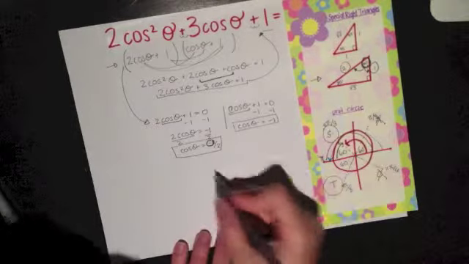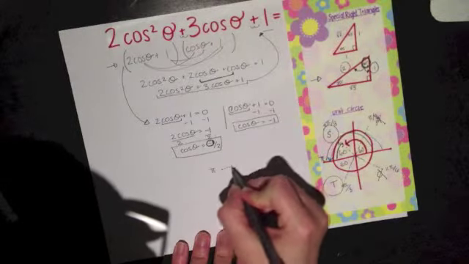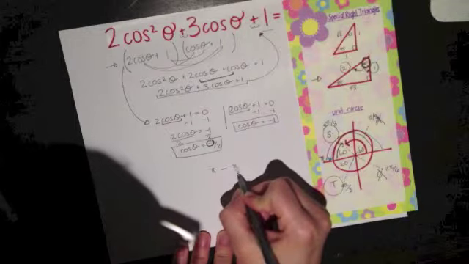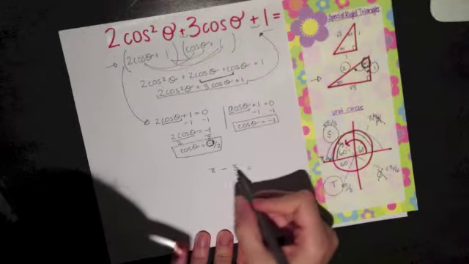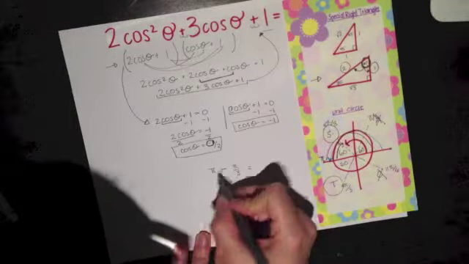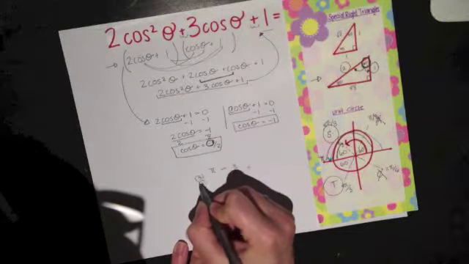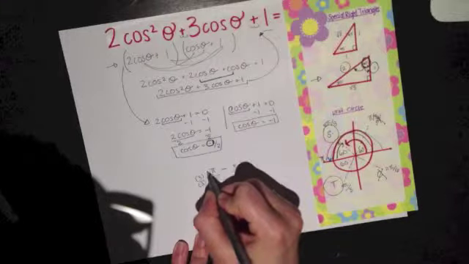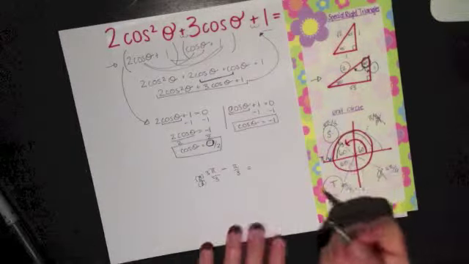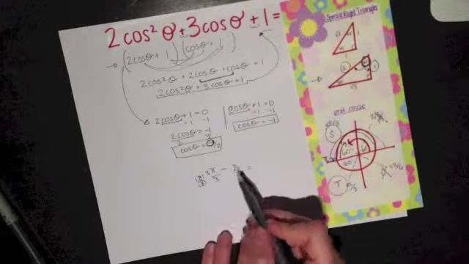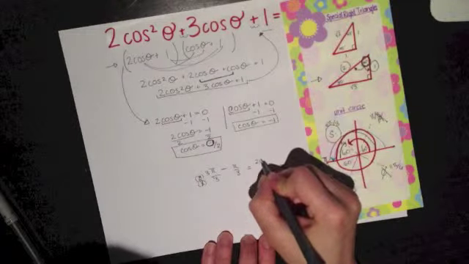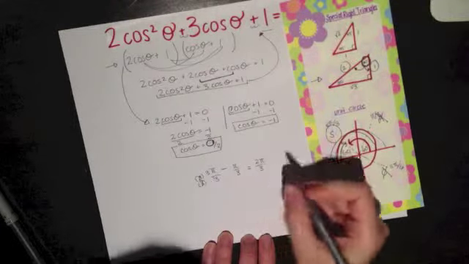So now we can do pi minus pi over 3. First we need to have the common denominator, so we multiply by 3, and that gives us 3 and 3. So 3 pi minus pi is 2 pi over 3.